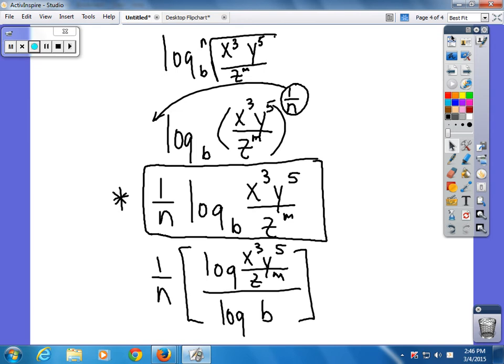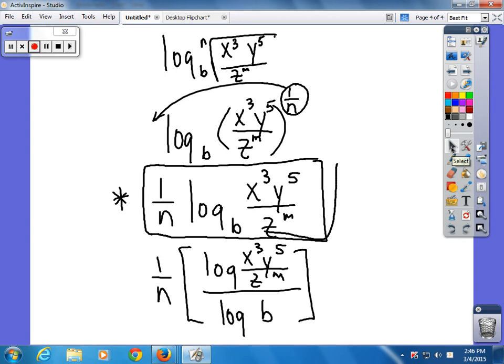So, this would be 1 over n, and then that would be the log base b of x cubed plus log of y to the 5th minus log of z to the m. Did you bring those exponents over? Yeah, bring them over.